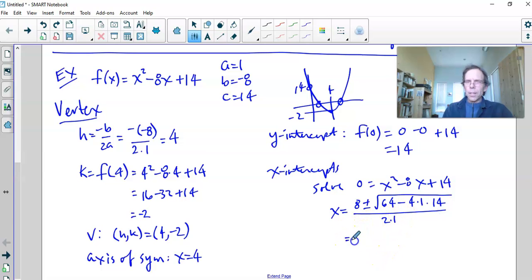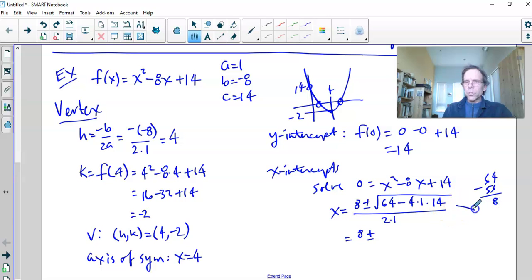All right, so we're going to see that this gives us 8 plus or minus, what is in that square root? I think that's 8. It's 64 minus 56, and that's 8.